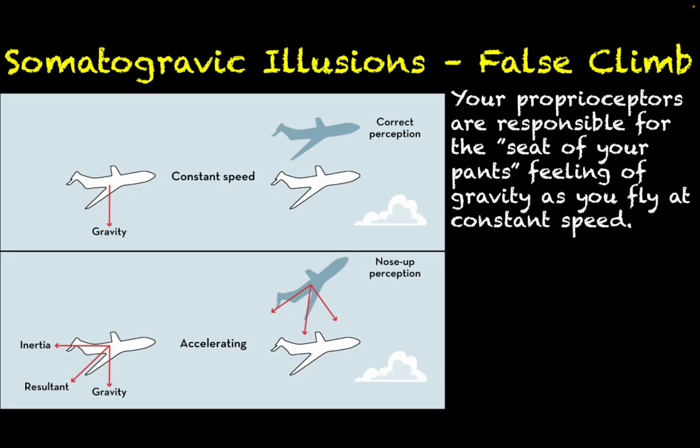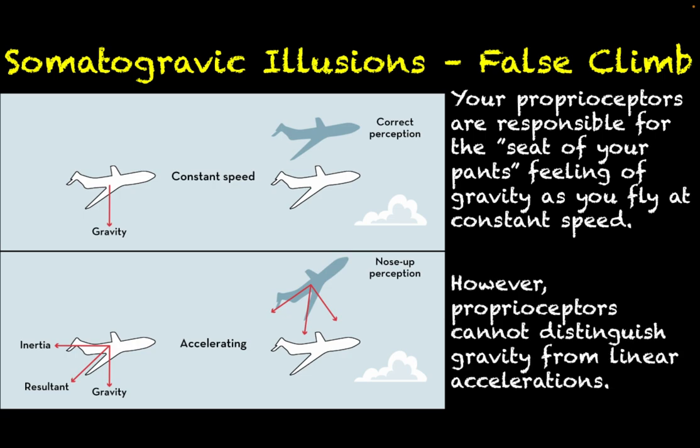Again, your vestibular function cannot feel anything except acceleration. Your proprioceptors can feel the weight of gravity as you sit on your seat. That sitting in your seat puts tension on your muscles and on your joints that you can feel, and it produces this sensation of you being pulled downward. But again, proprioceptors cannot distinguish gravity from linear accelerations.